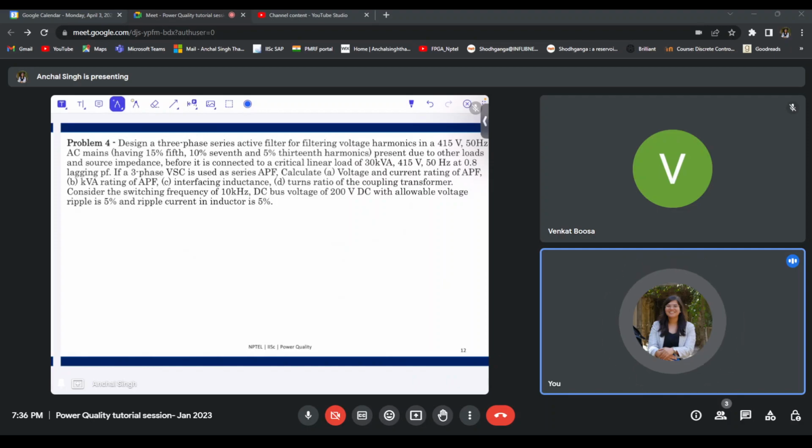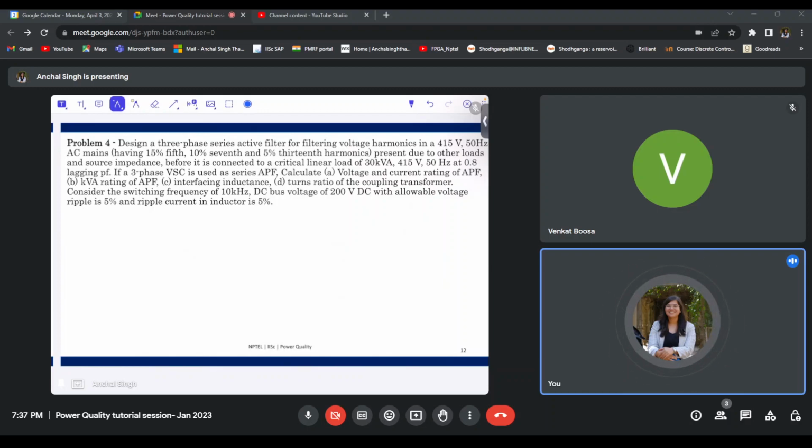These harmonics are present due to other loads and source impedance, before it is connected to a critical linear load of 30 kVA, 415 volt 50 Hz at 0.8 lagging power factor. If a three-phase voltage source converter is used as series active power filter, calculate the voltage and current rating of active power filter, kVA rating of active power filter, interfacing inductance, turns ratio of the coupling transformer. Consider the switching frequency of 10 kHz, DC bus voltage of 200 volts, allowable DC voltage ripple of 5%, and ripple current in inductor is also 5%.